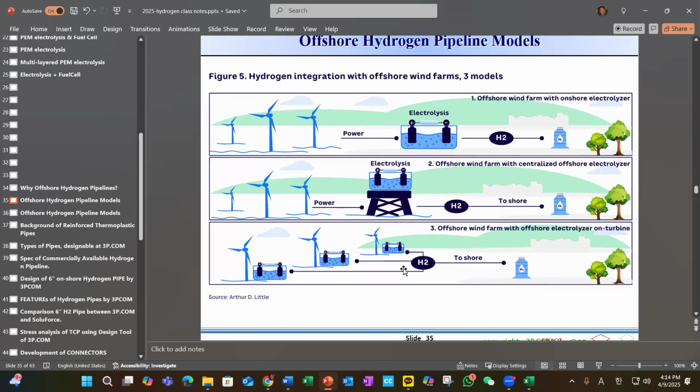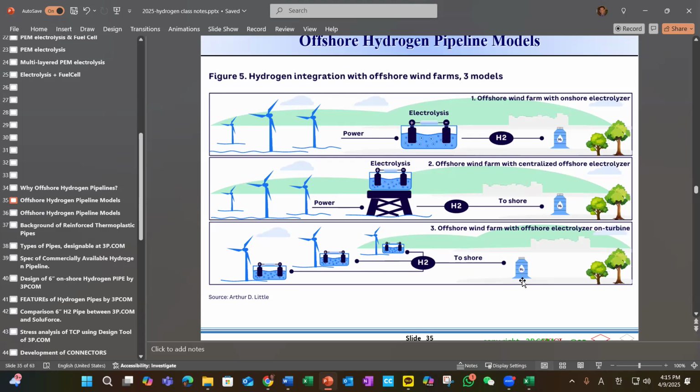The Strom video shows that each wind turbine has its own electrolyzer, so the hydrogen gas is generated at each turbine. The Strom design shows a pipeline system, and then H2 is transferred onshore.